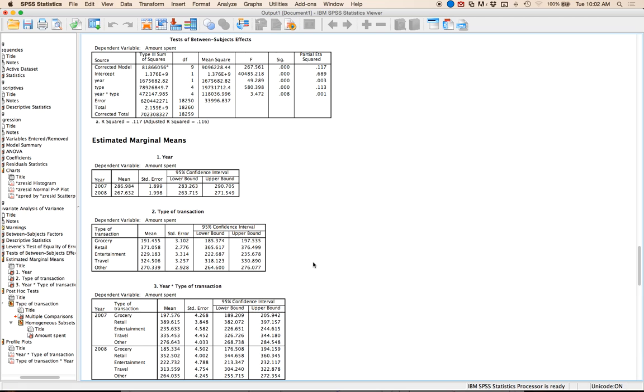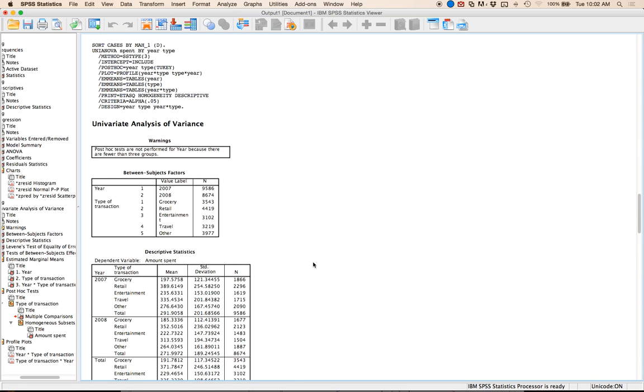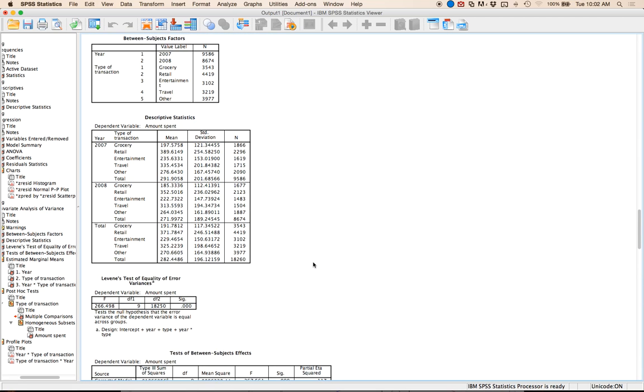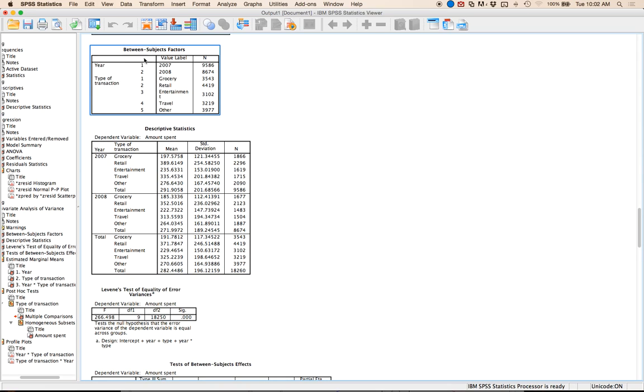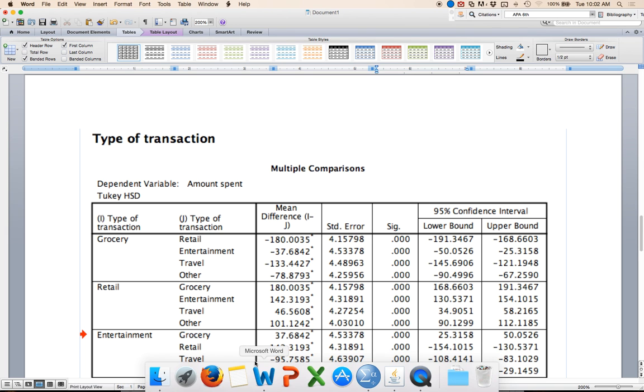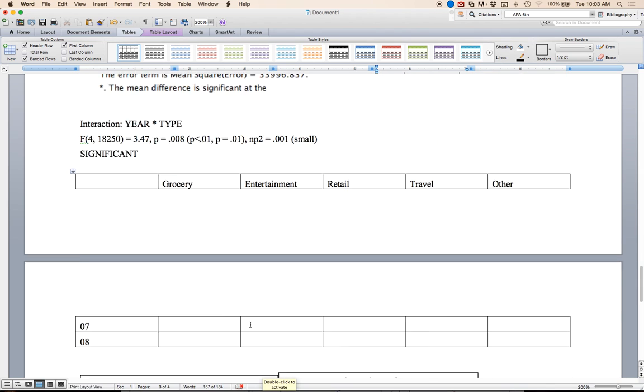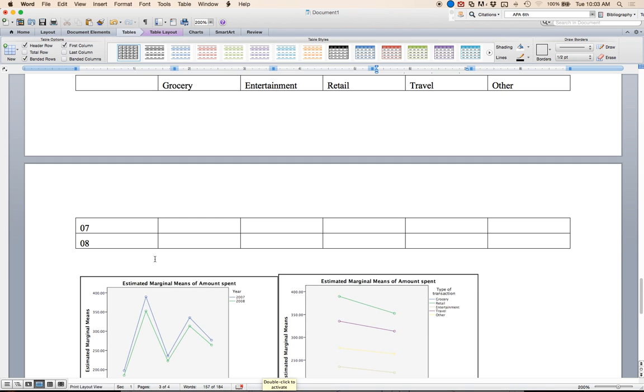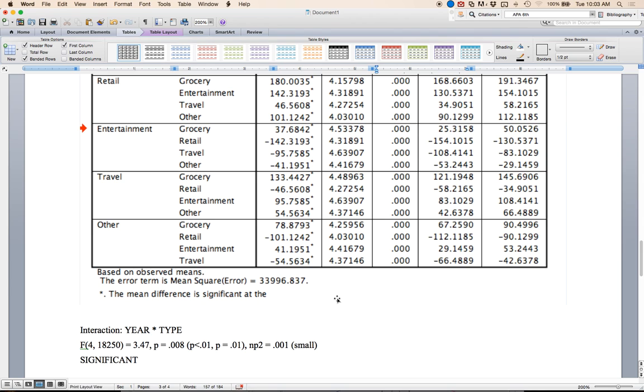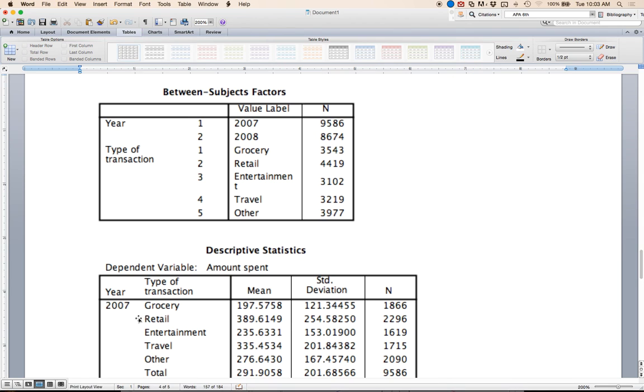That is why, God bless, these 2 boxes. So I'm going to copy both of them. Let's stick that here, for my interaction. For grocery, I have 3543.